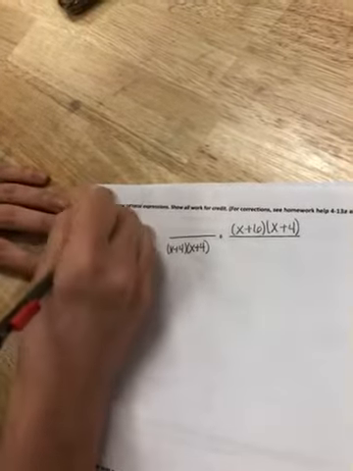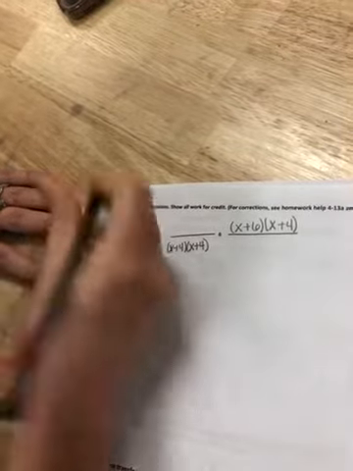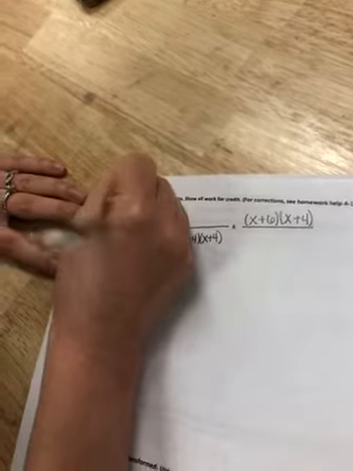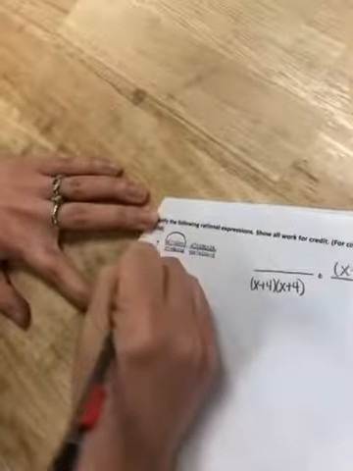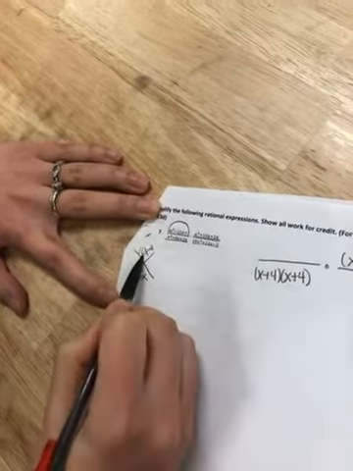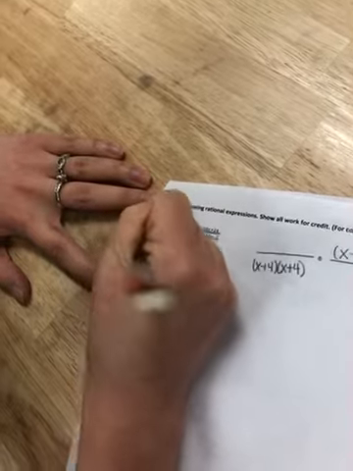So for this 5x squared minus 11x plus 2, I'm going to use the first and the last, multiply them. That makes 10x squared. And then the middle is negative 11. So factors of 10 that add to negative 11 would be negative 10 and negative 1.